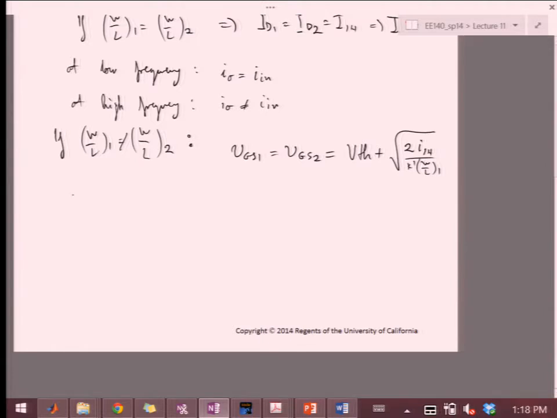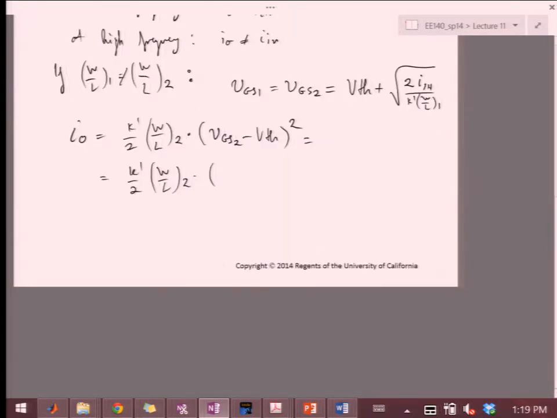If we now write the expression for the output current, that will be K prime over 2 times W over L2 times (VGS2 minus V threshold) squared. I can rewrite this by replacing VGS1 into the equation.